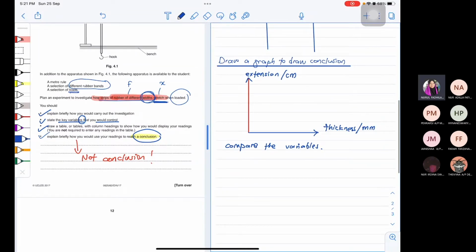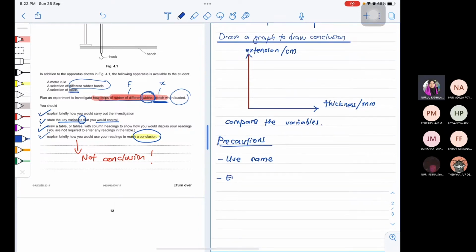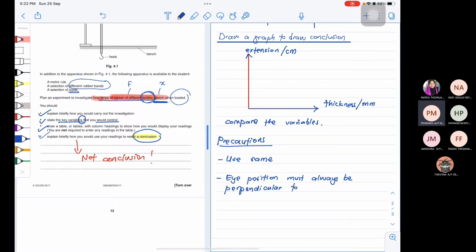Then it says here, anything else you need to add? Just remember, usually when we carry out an experiment, we must have precautions. So write the precautions. What are the precautions? Make sure the reading is taken perpendicular. Eye position must always be perpendicular to the readings to avoid parallax error.